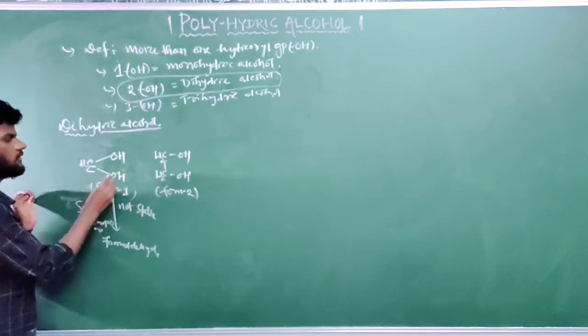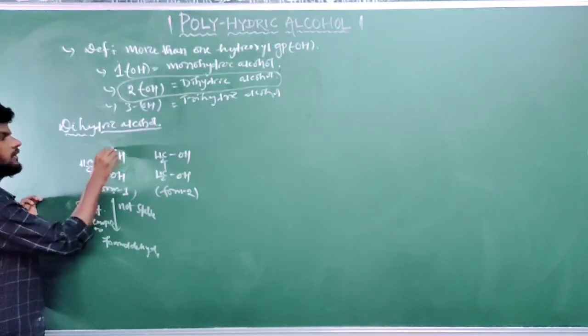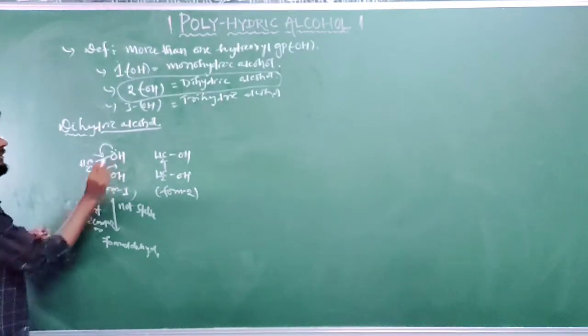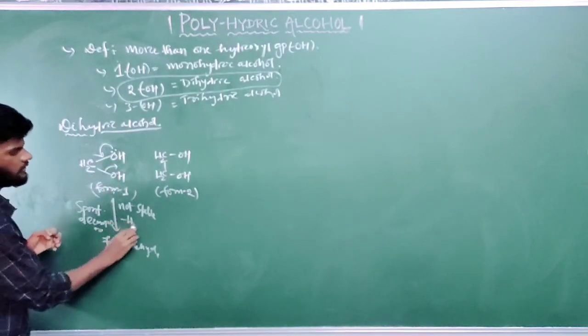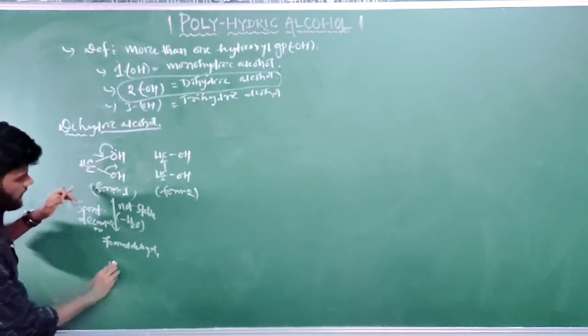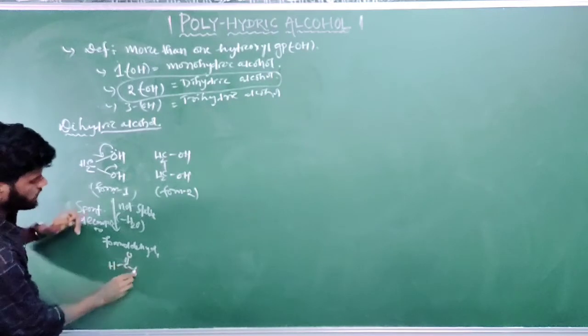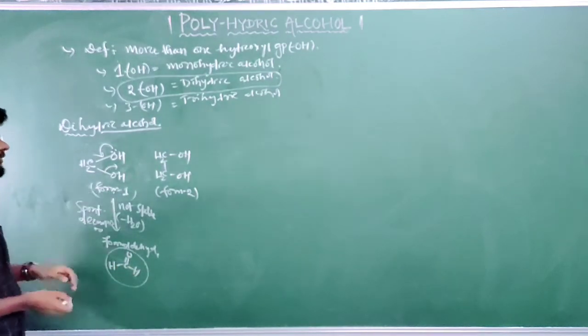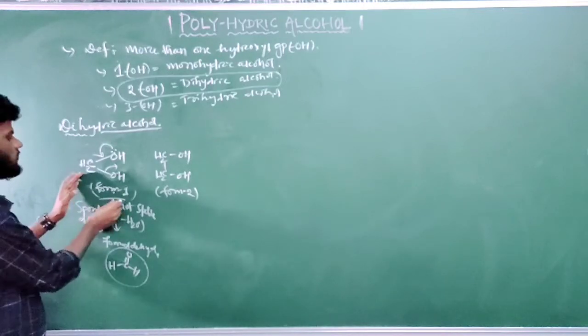You can see the mechanism here. The oxygen lone pair returns back, the OH group is released and takes the hydrogen from here, a water molecule is released, and formaldehyde, H2C=O, is formed. So that is why form 1 is not stable.